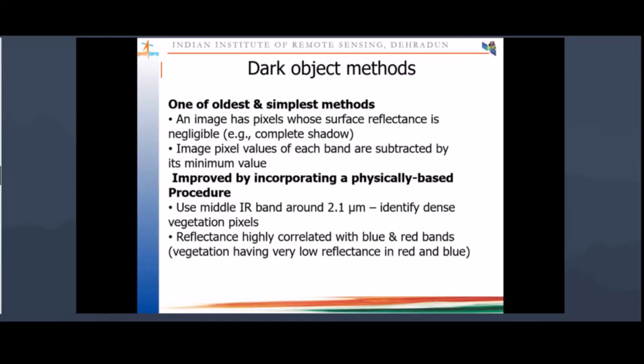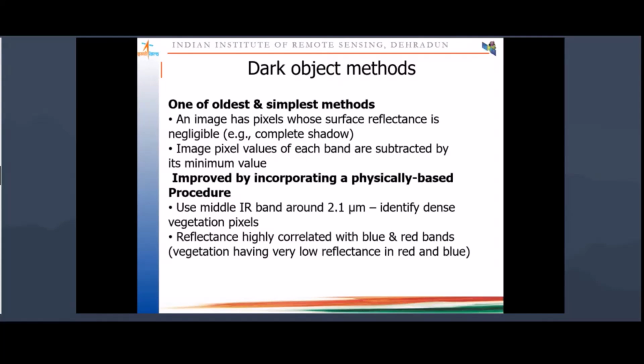You can use scene-to-scene normalization, but the problem is you should have pseudo-invariant features. If you don't have such features, for example, you can't choose vegetation, you can't choose water bodies. Only the dark, very calm, smooth water bodies can be chosen.